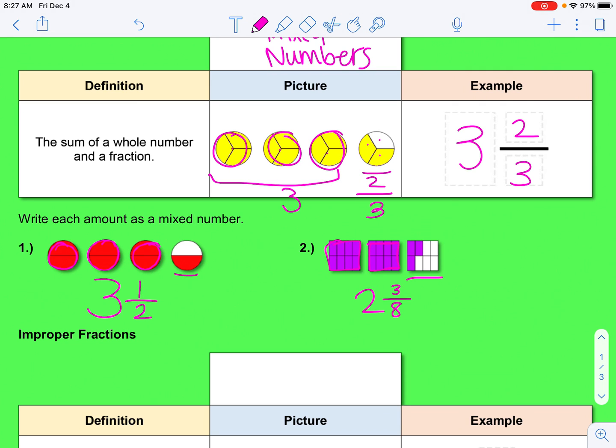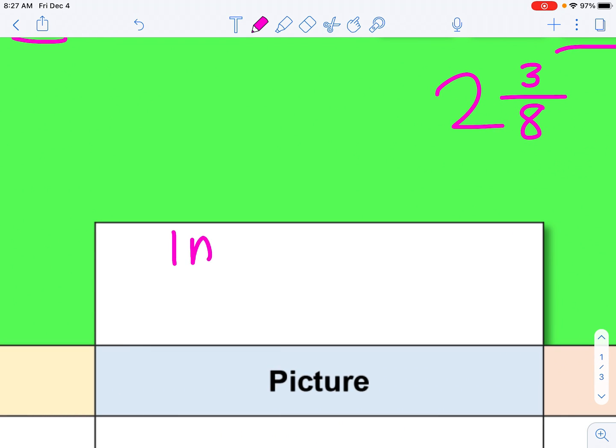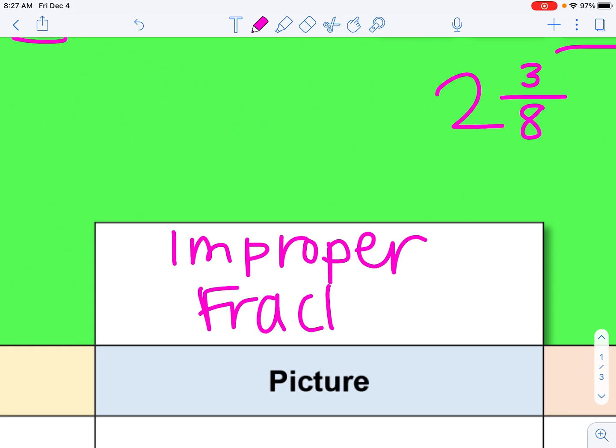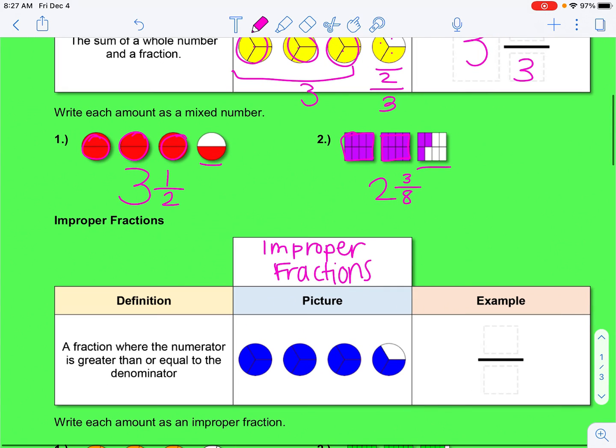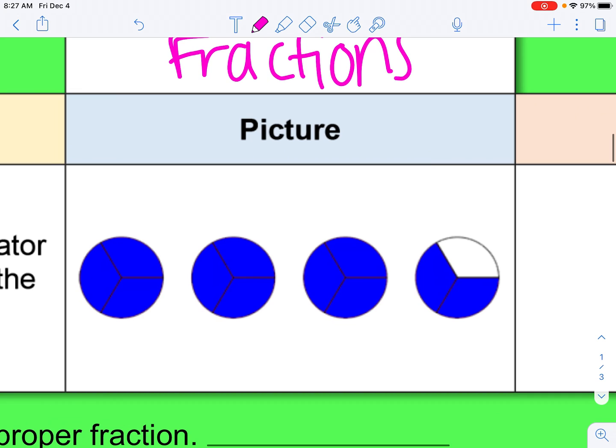Now let's talk about improper fractions. That's our next one. So up here you can write improper fractions. Improper fractions are fractions where the numerator is greater than or equal to the denominator. So that means we are going to count the total number of pieces we have colored in.